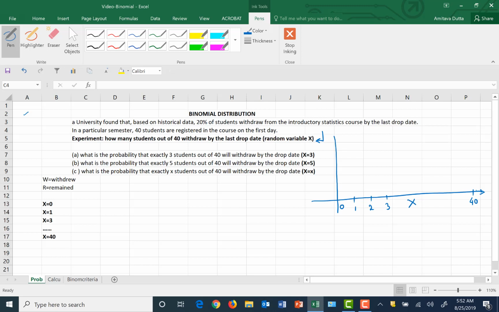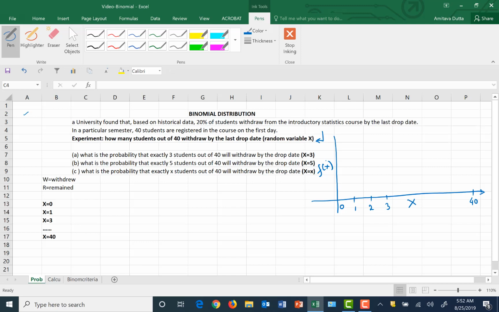So this is a discrete sample space, and you can see the outcomes that are enumerated and written down. So what I'm interested in is what is the probability of each of these outcomes: the probability of x equal to 0, x equal to 1, x equal to 2, and so forth.